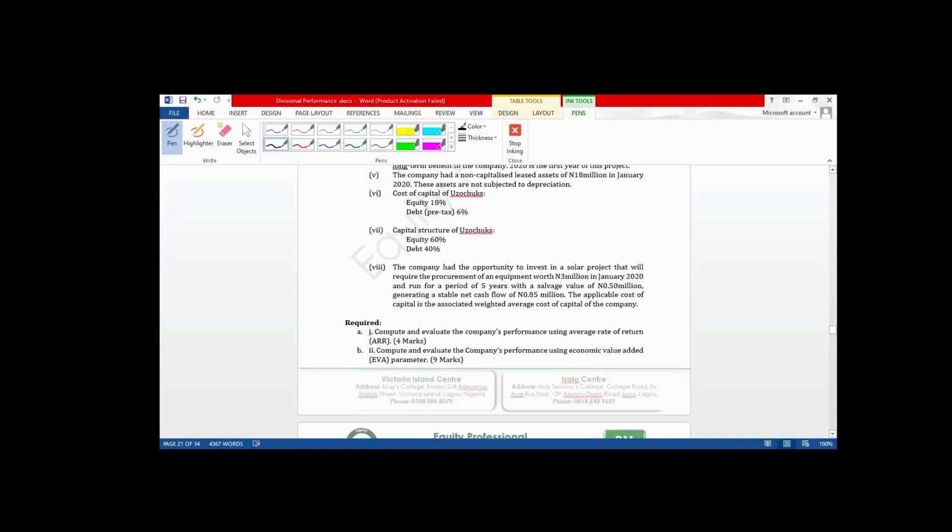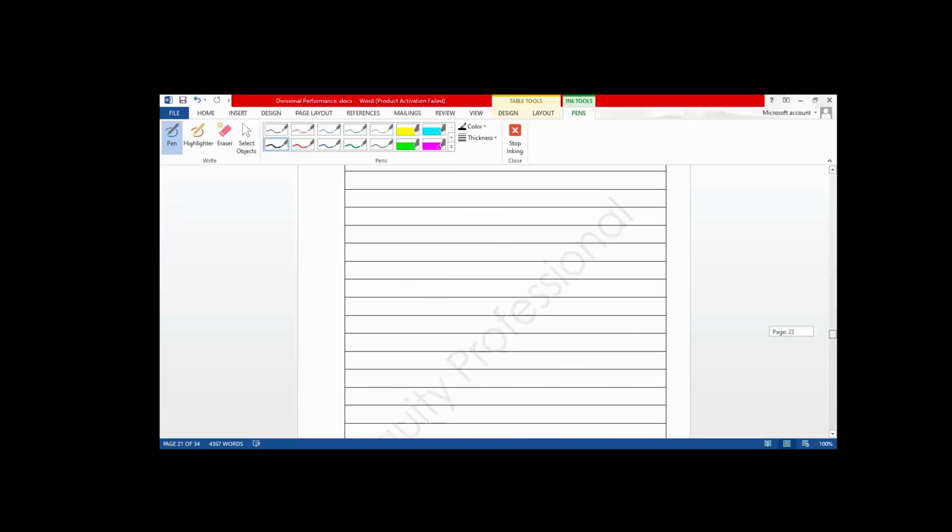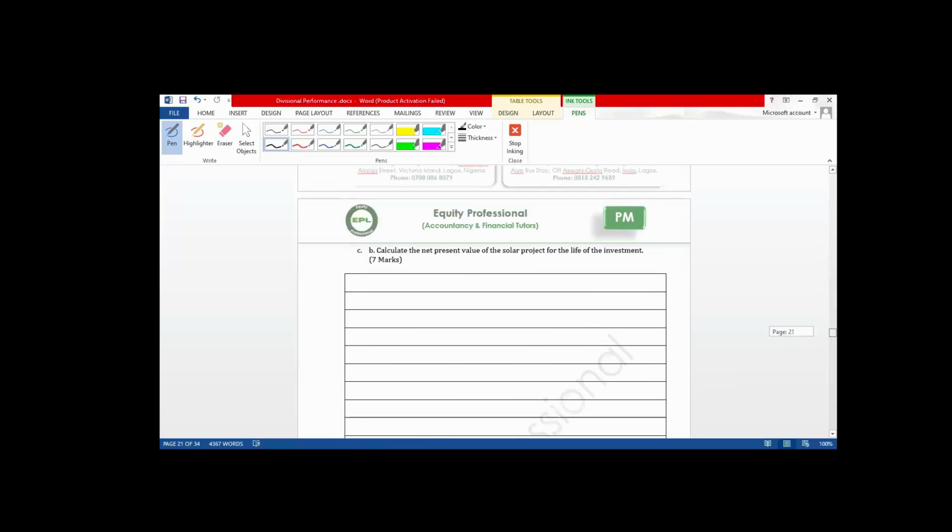If you are to calculate this now, requirement A, calculation of average rate of return.